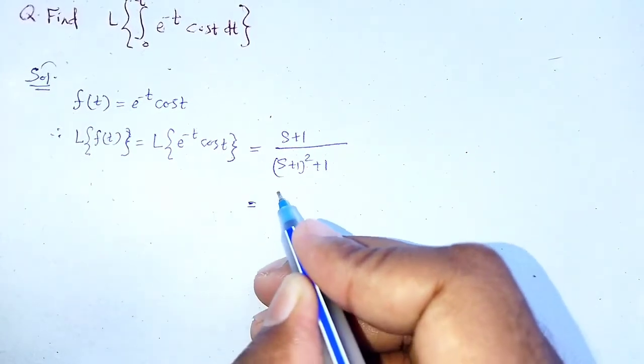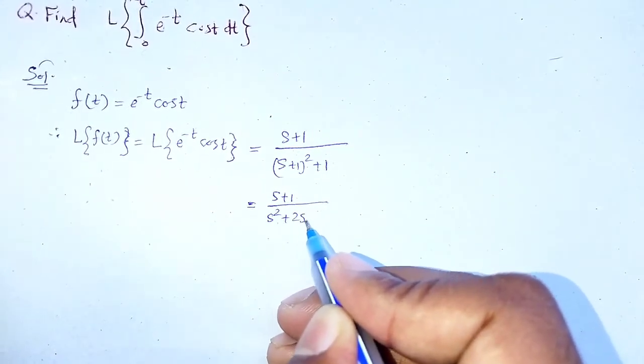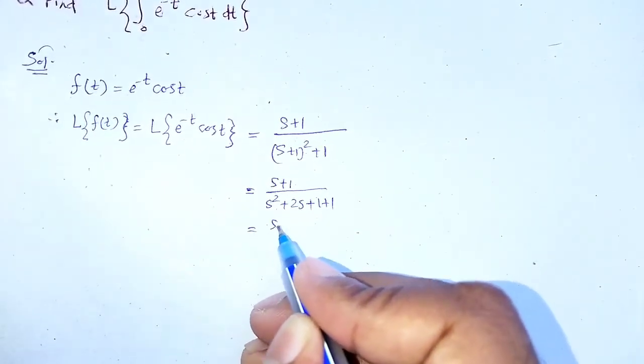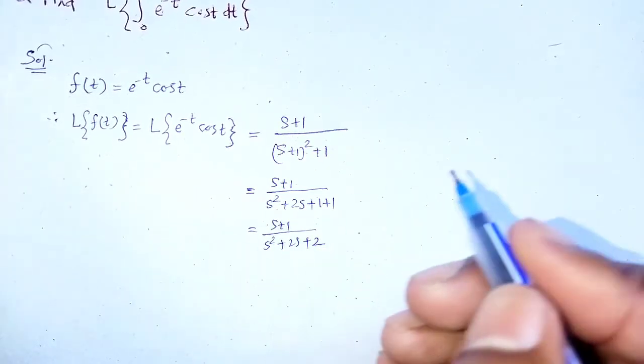Using a plus b whole square formula, s plus 1 divided by s square plus 2s plus 1 plus 1. So, s plus 1 divided by s square plus 2s plus 2.